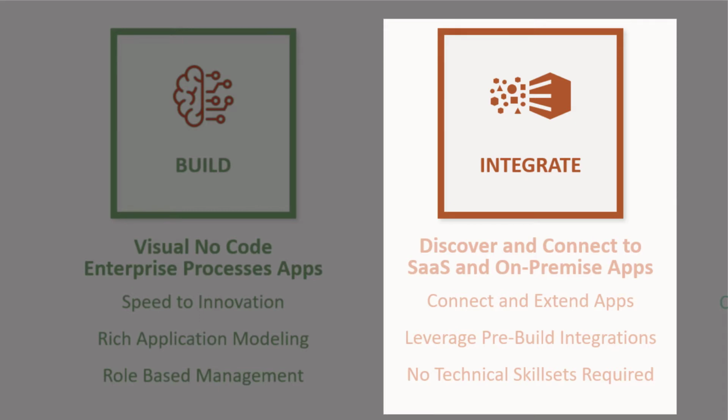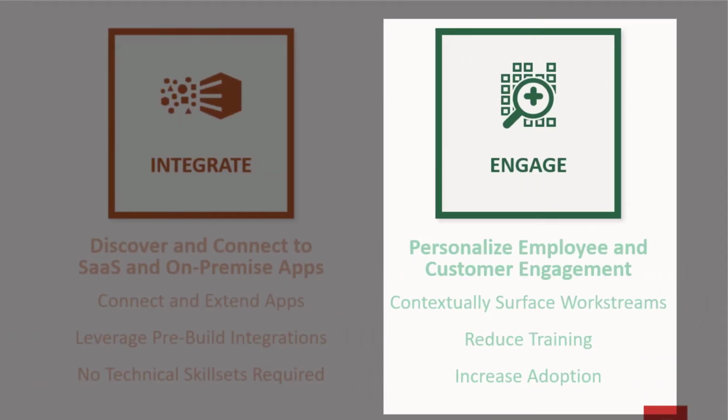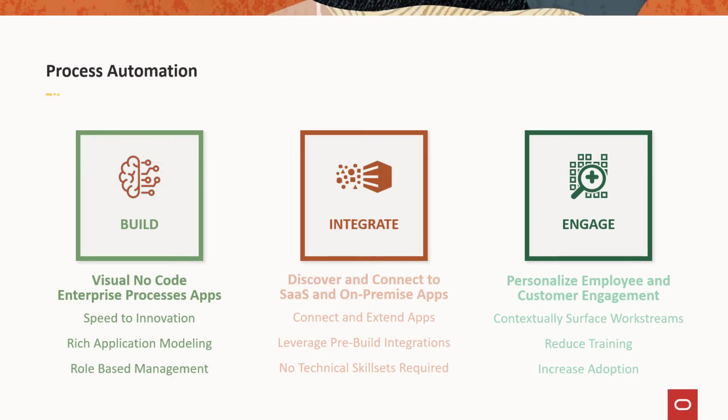This enables you to take the process applications that you build, extend them to other applications in your enterprise, as well as connect different data that is going back and forth. Finally, you would be able to engage your employees and customers as part of your process flows, where you would provide experiences that contextually streamline work streams, reduce the need for training, as well as increase adoption. So let's look at all of them individually.